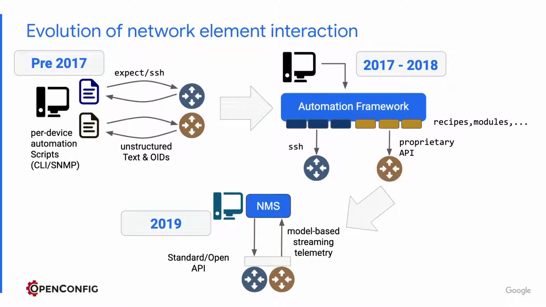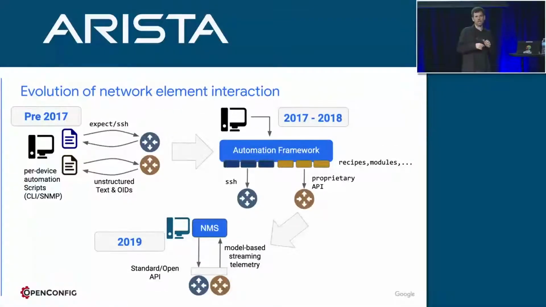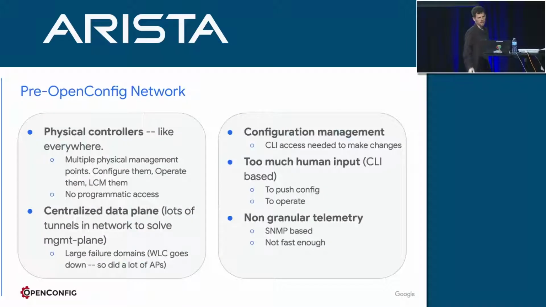But now we are actually using completely Openconfig-based Wi-Fi networks, and it's model-based telemetry. So that's sort of 2019, or where we are today. So it hasn't been all that long, and there are some lessons learned along the way. It hasn't all been great, and it's not trying to solve all problems. And if we have time, we'll get into that later.